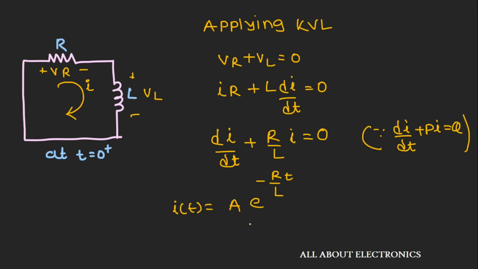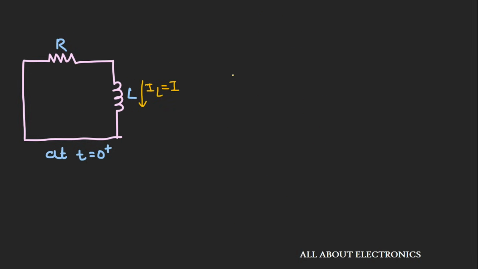Now to find the value of this coefficient A, let's apply the initial conditions. As we have already found out earlier, at time t is equal to 0, the current flowing through this inductor will be I. So we can say that I of 0 plus is equal to A into e to the power minus 0.